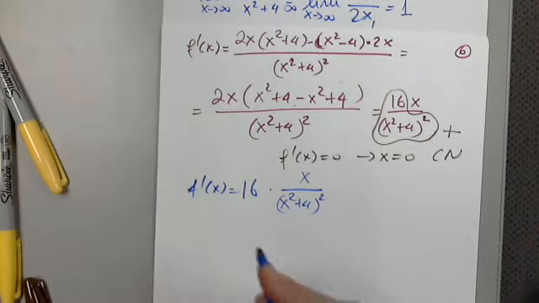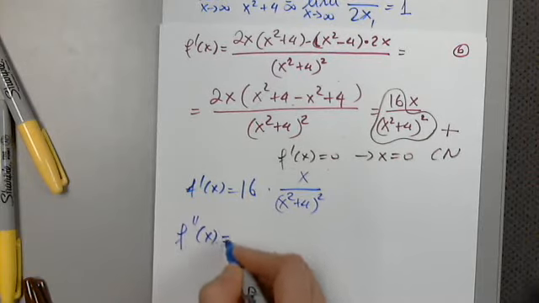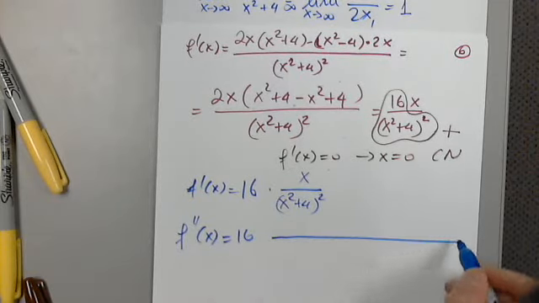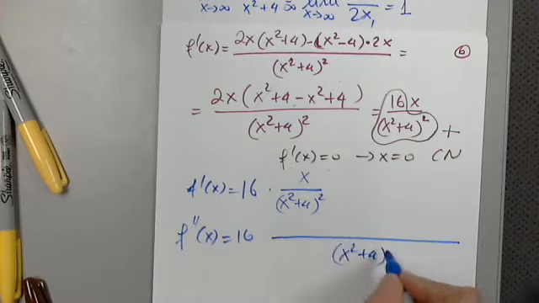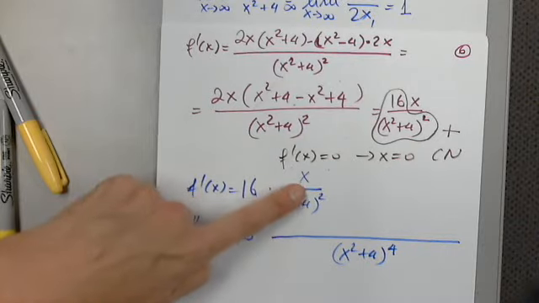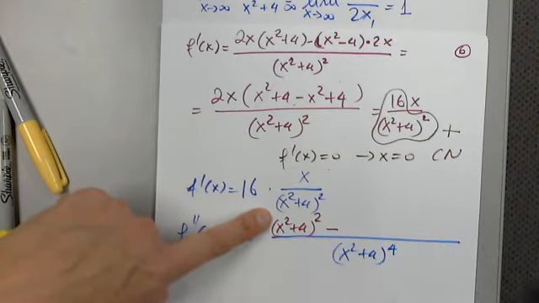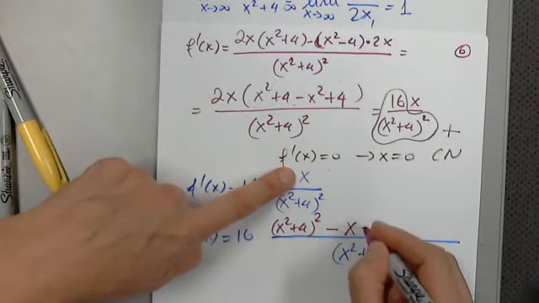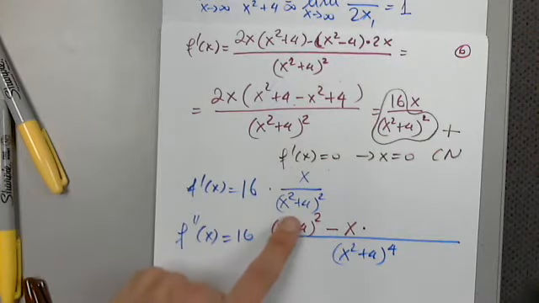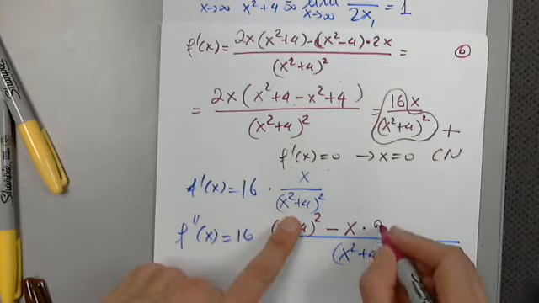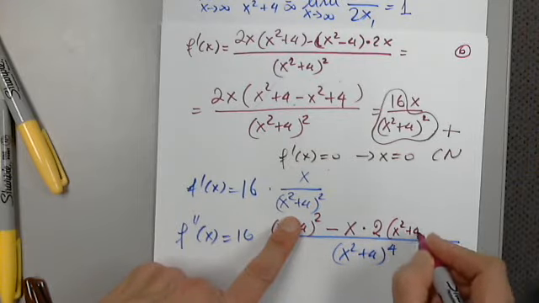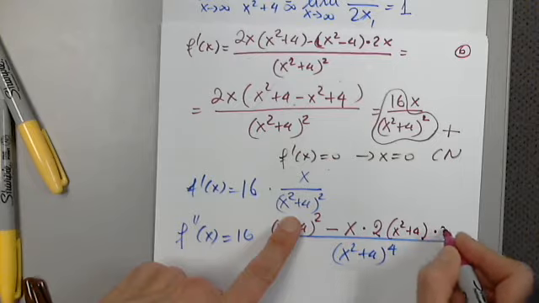So then the second derivative equals 16 divided by (x squared plus 4) to the 4th power. Okay, this is a little bit messy. The top prime is 1 times the denominator, (x squared plus 4) squared, minus the top multiplied by the denominator prime, 2 times (x squared plus 4) times 2x.